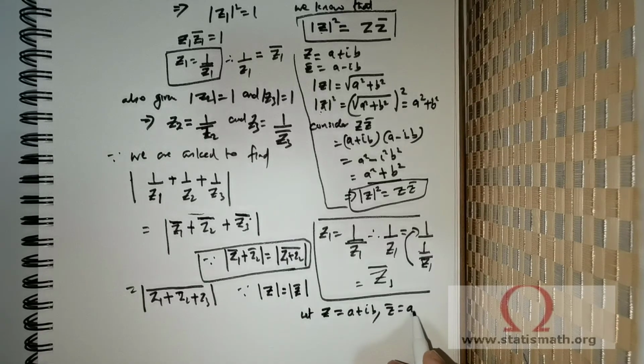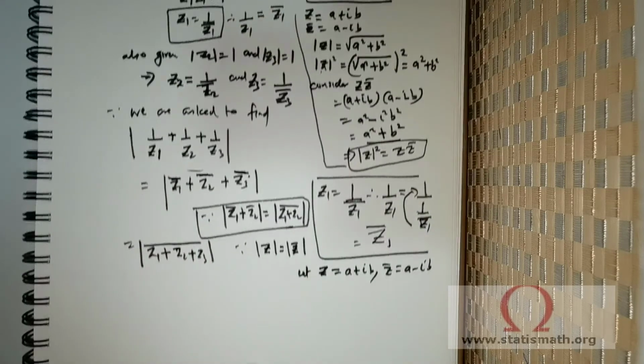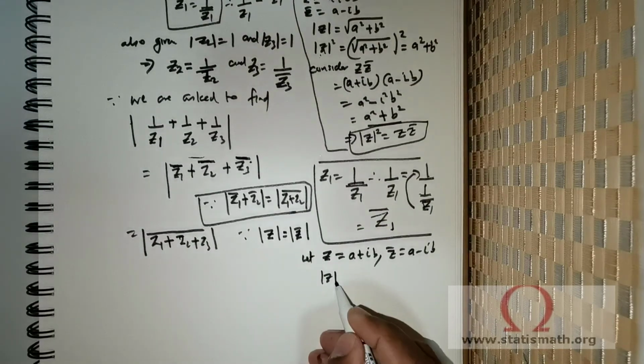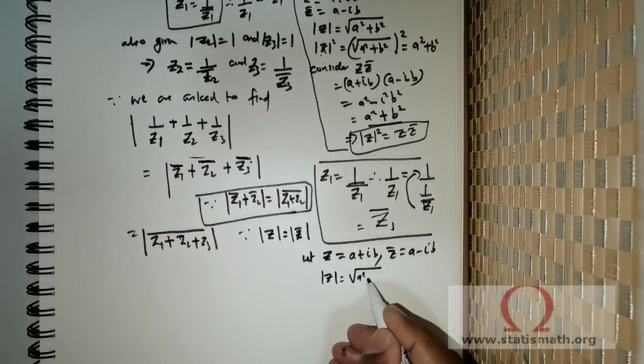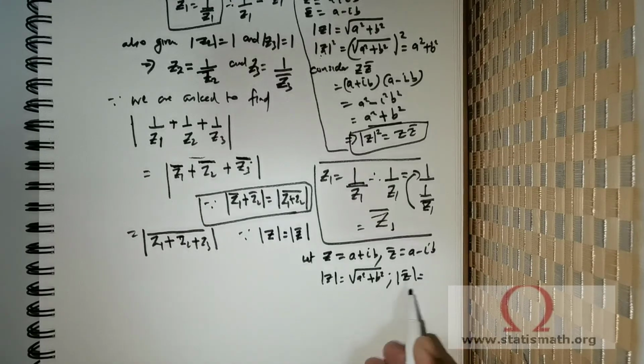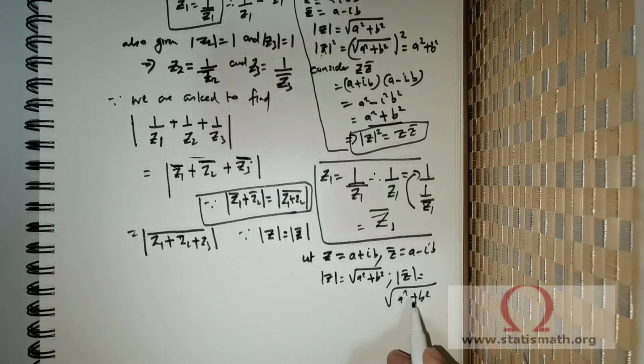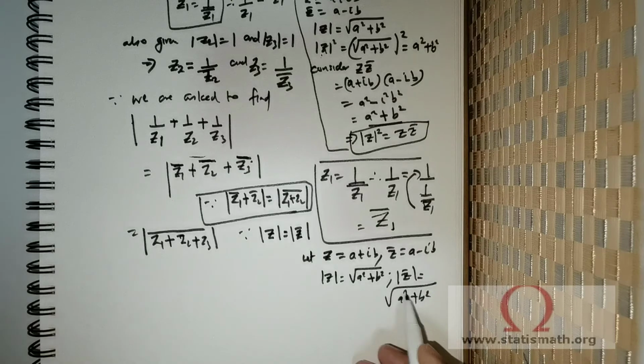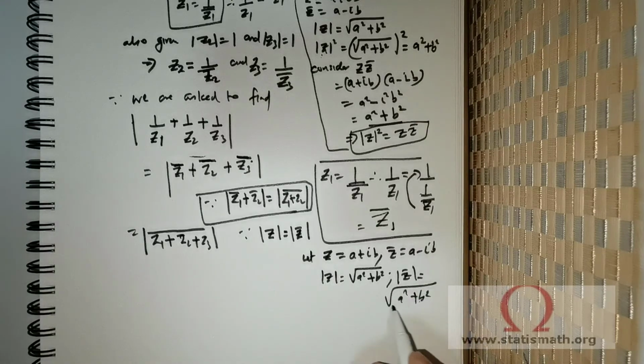Then z bar is equal to a negative ib. If I were to take the modulus of z, this is going to be root of a squared positive b squared, and if I take the modulus of z bar, this is also going to be root of a squared positive b squared, because the signs don't matter for us, since we are squaring.